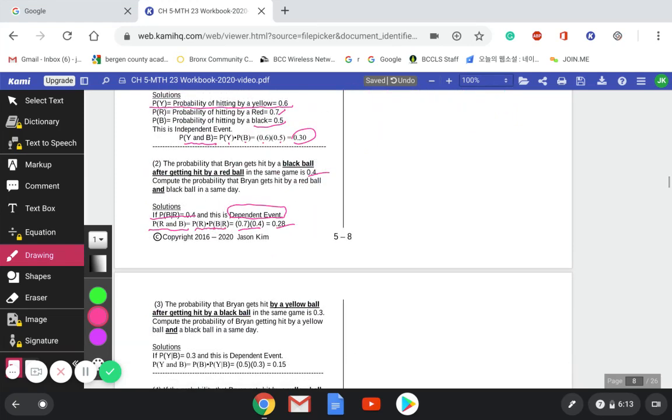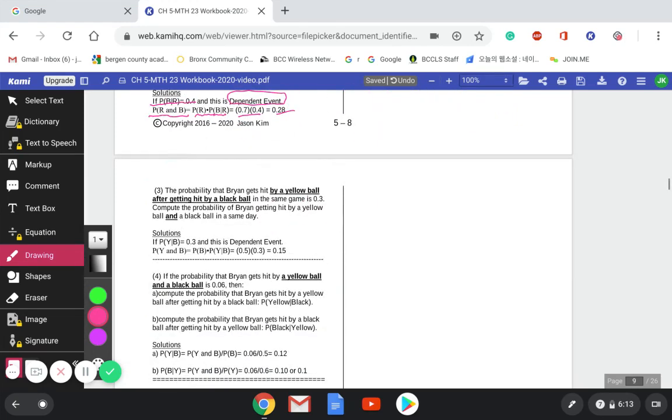How about the probability of Brian getting hit by a yellow ball after getting hit by a black ball? So yellow given black is 0.3. So that has been set up, then they are dependent events.